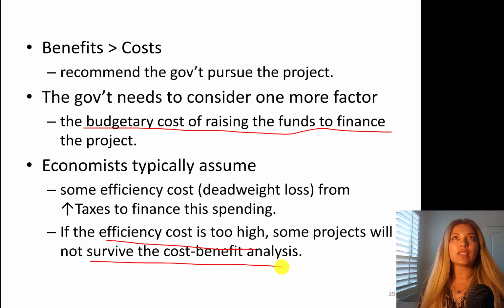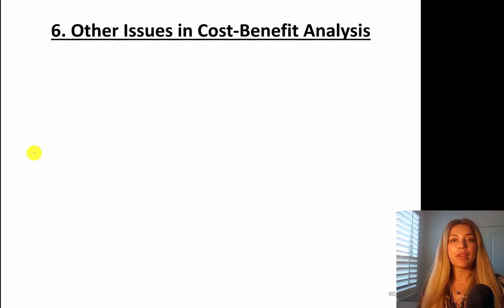For instance, during Clinton presidency, Clinton wanted to pass legislation for insurance mandates and all those things that were passed during Obama era. However, Congressional Budget Office did cost benefit analysis and they said it's too expensive, so that legislation didn't pass.